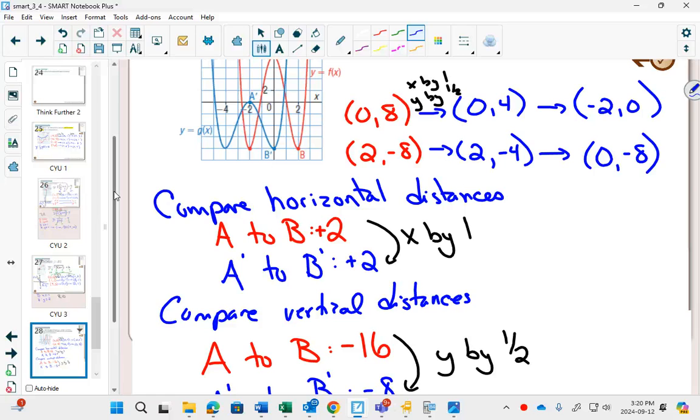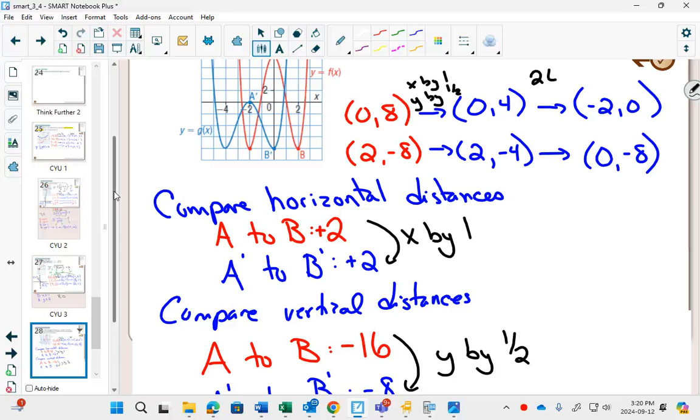And once you have that second point, now I think you can do the mental math. For example, with the x's, if you went from 0 to negative 2, would you go left or right? 2 to the left. And then double check, does that work from the second point? Going from 2 to 0, is it also 2 to the left? Yes.